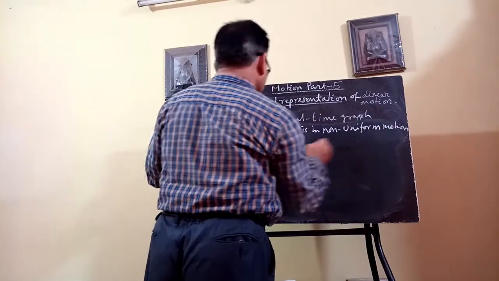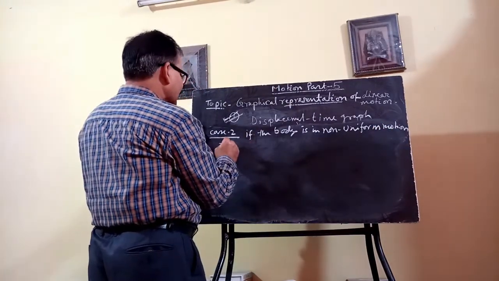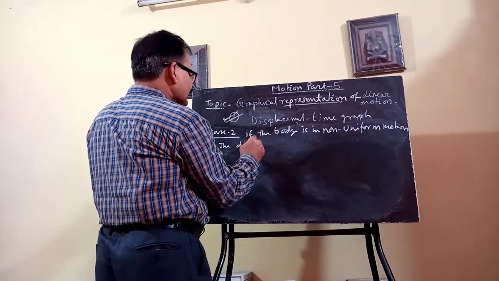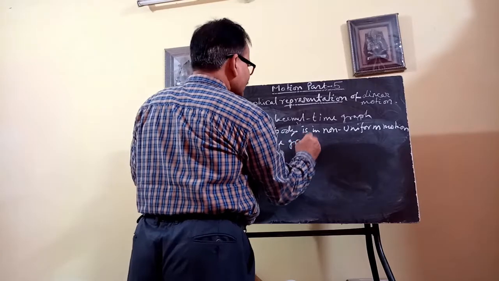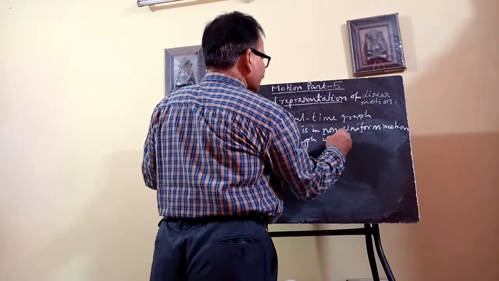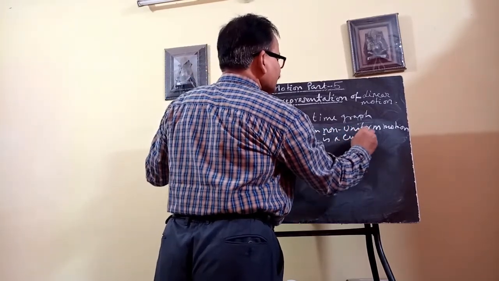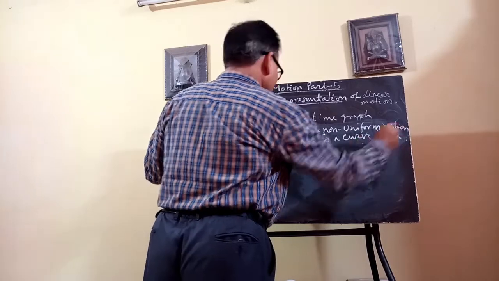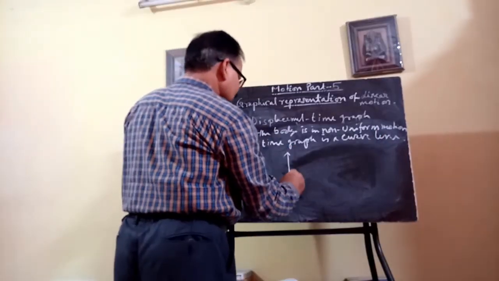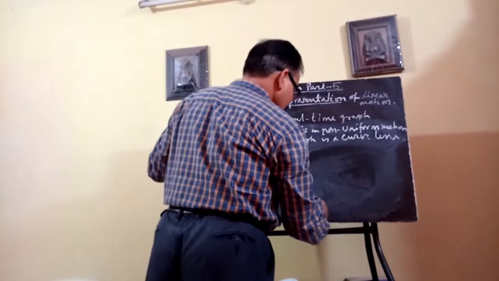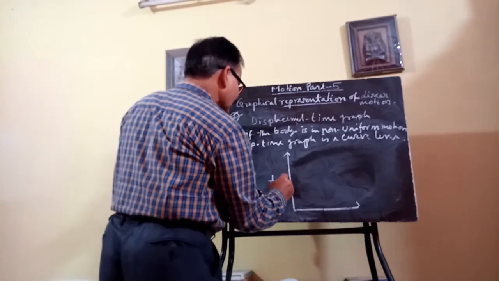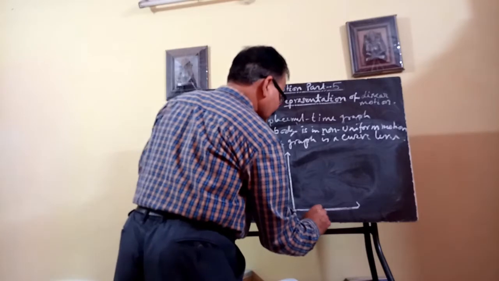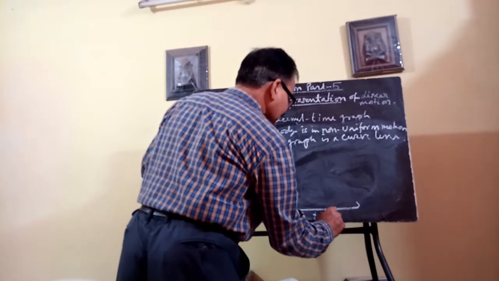So in this case, the displacement time graph is a curved line. Suppose this is your displacement along the y-axis, and this is your time along the x-axis.